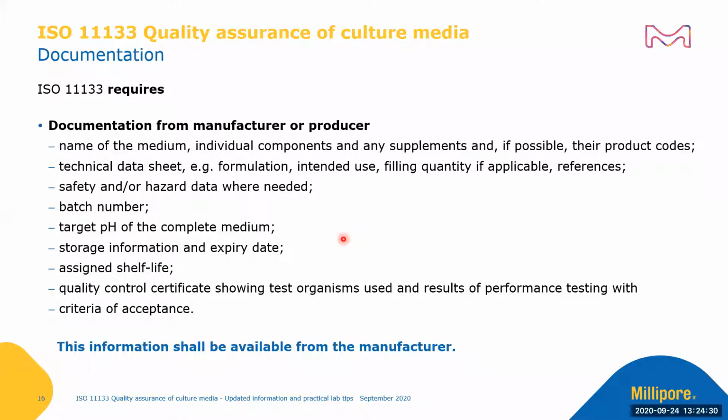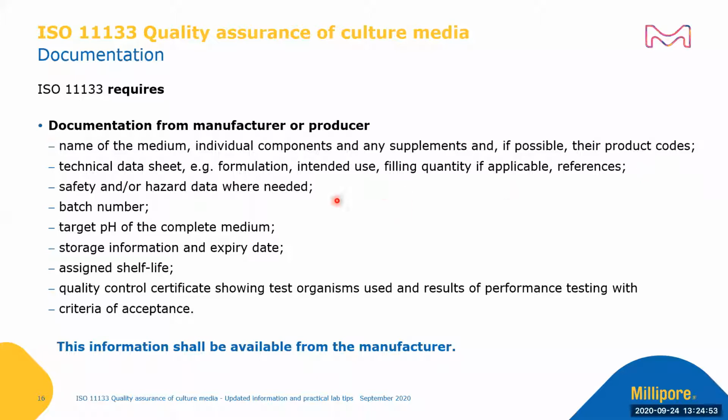ISO 11133 also requires documentation from manufacturers or producers, including the name of the medium, individual components, and any supplements, and if possible, their product codes. Technical data sheets, including formulation, intended use, filling quantity, if applicable, and reference.